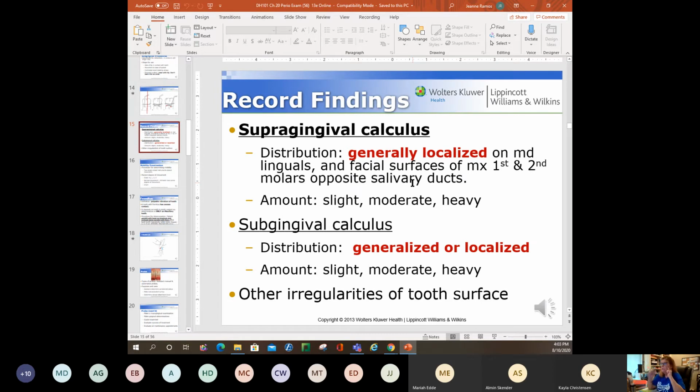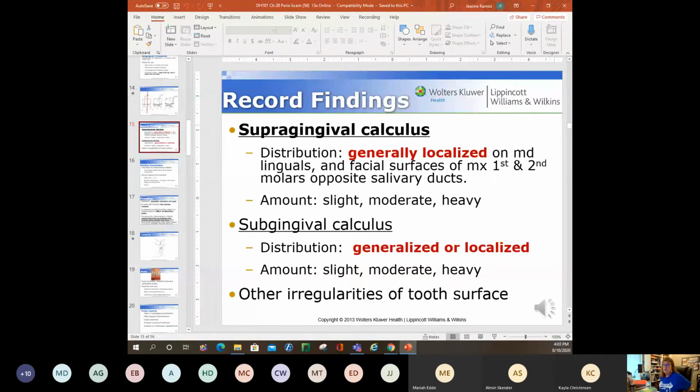And the reason is because you have Stensen's duct right there on each side, right across from that second molar, and it's just piling saliva there. So here and there will be the worst. If someone has really bad calculus, it'll be worse in those two spots than it is anywhere else.